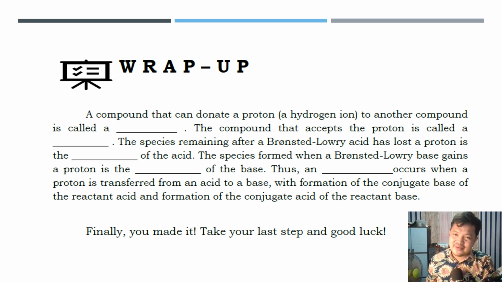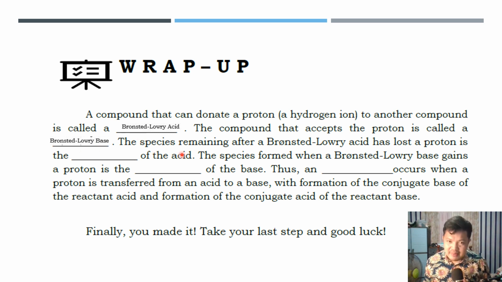Okay, so let's have the wrap up now of our lesson for today. A compound that can donate a proton to another compound is called a, what's the answer? The Bronsted-Lowry acid. The compound that accepts the proton is called a, what? The Bronsted-Lowry base.